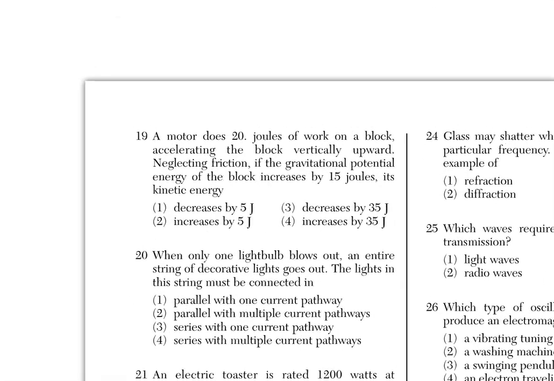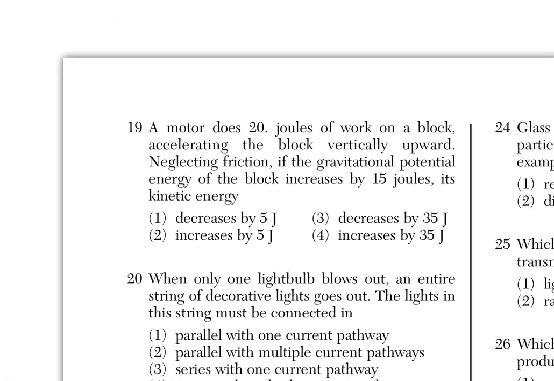And so here's the next column, number 19. Number 19, 20 joules of work on a block, accelerating block vertically upwards. So we are lifting this block, neglecting friction. If the gravitational potential energy increases by 15 joules, its kinetic energy is what? All right, so the work done, the input work is 20 joules, and work equals energy.